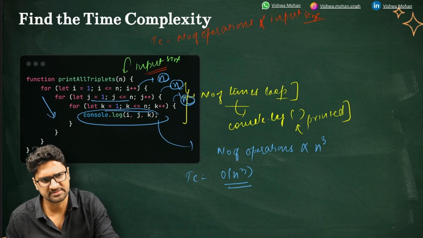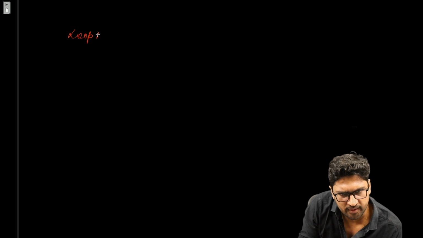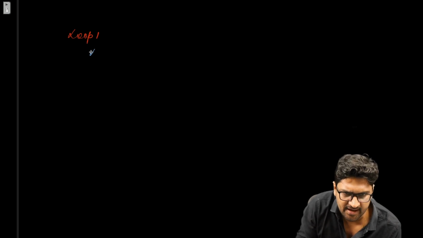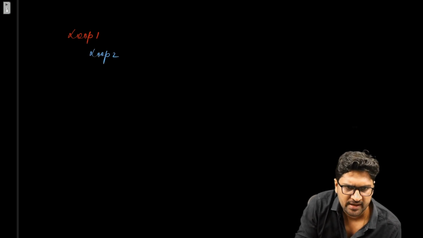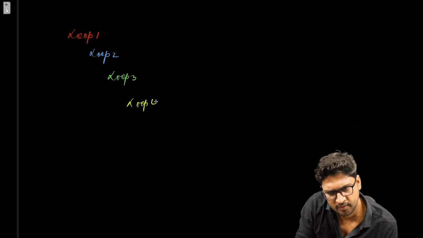Now one important concept that I would like to add here, right? Whenever we have to find the time complexity, let's say that I have a loop 1, and inside this I have a loop 2, and inside this I have a loop 3, and inside that I have a loop 4.